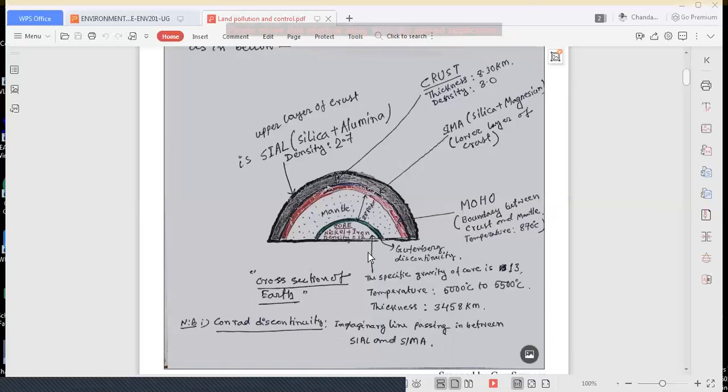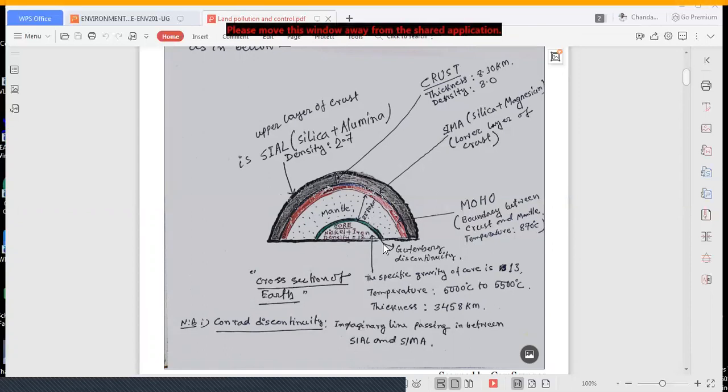So now we learn about this green portion. This is the imaginary line between core and mantle. This imaginary line between core and mantle is known as the Gutenberg discontinuity. So this green separation line between mantle and core is known as the Gutenberg discontinuity.